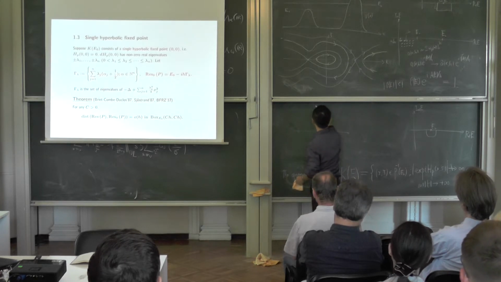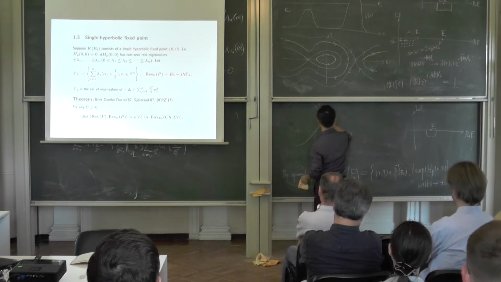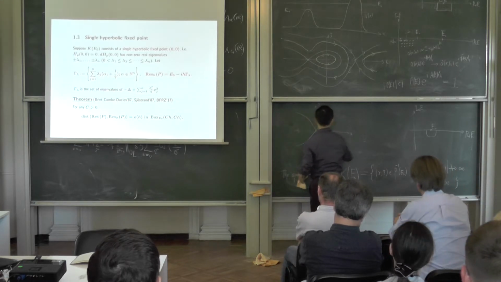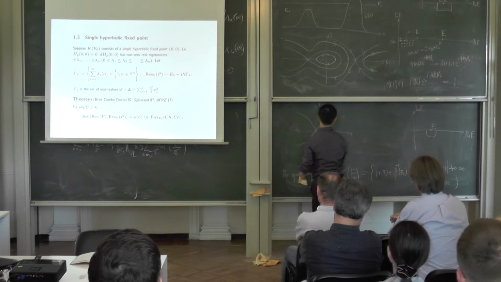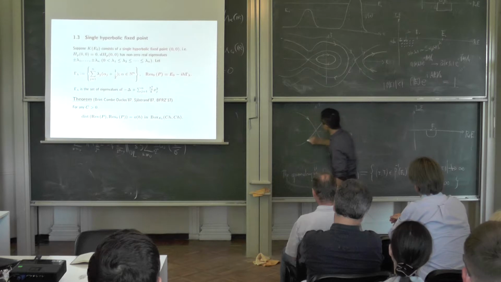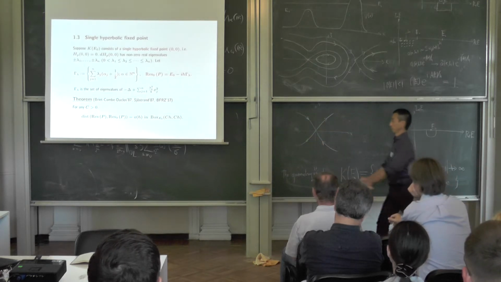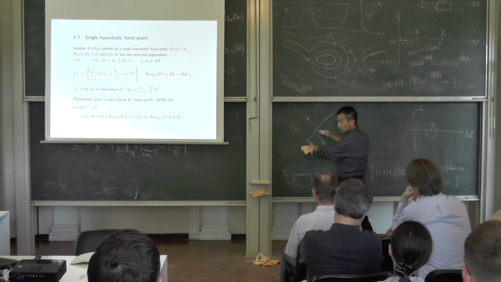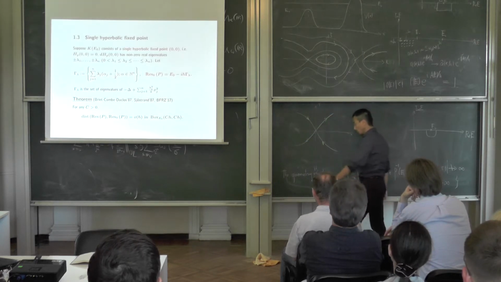If I suppose that it is the origin, there are two stable manifolds, which are obtained by the stable manifold theorem.